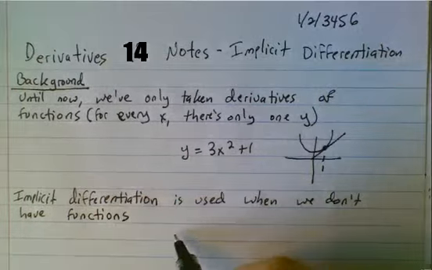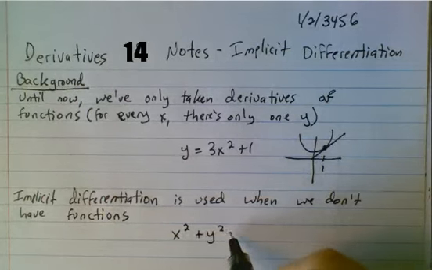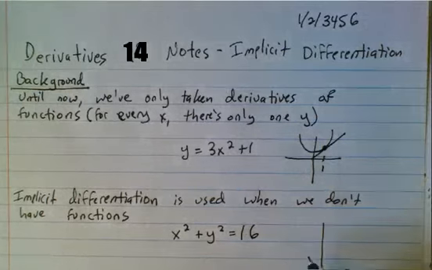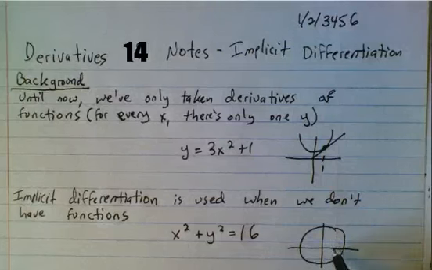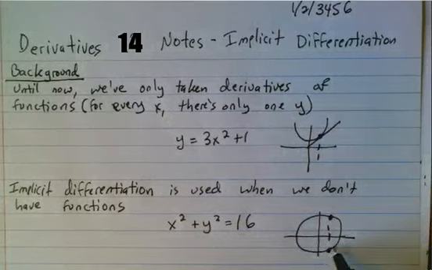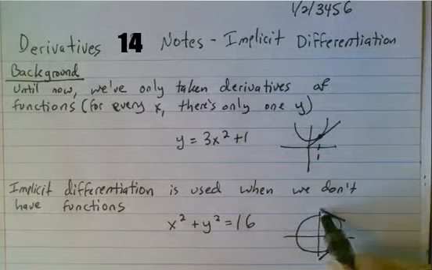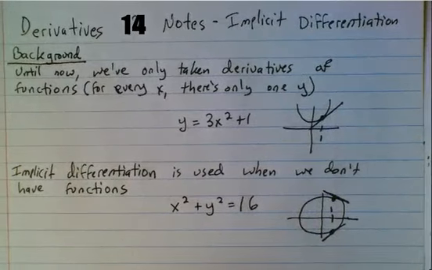So for example, if we have the equation x squared plus y squared equals 16, that's the equation for a circle. And where x equals 1, we have 2 points, right here and right here, and they have very different tangent lines. One has a positive slope, one has a negative slope.